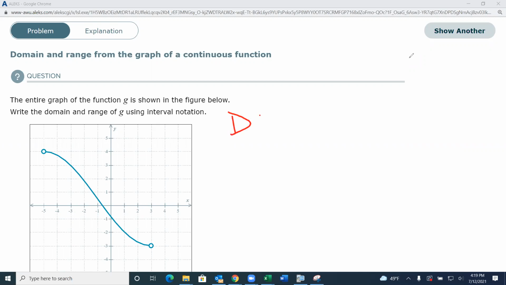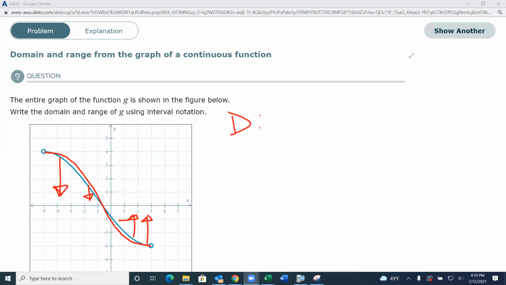So the domain, what have we got here? Well, the domain is all the x values that are being used. So you could think of it this way. If I crushed or squeezed that function into the x-axis, what part of the x-axis would it cover?